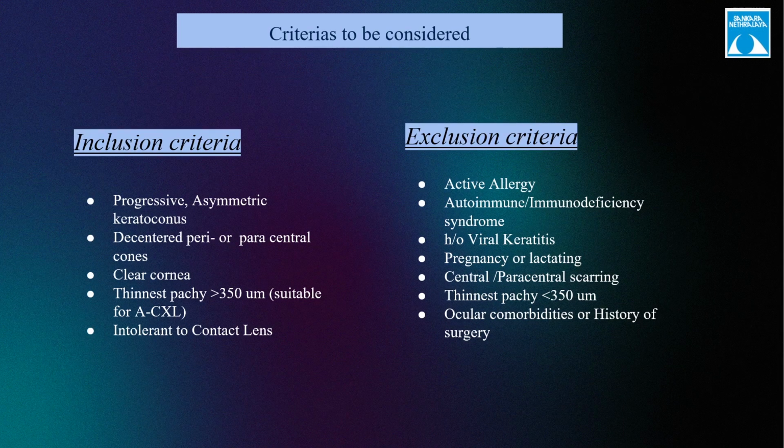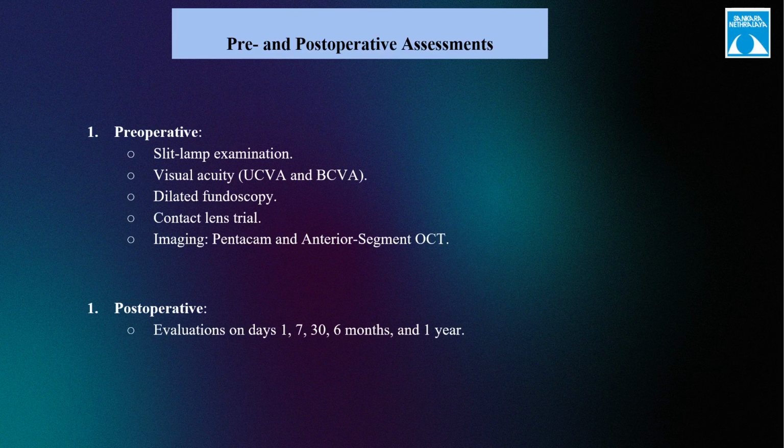What are the exclusion criteria? Patients with active allergy, autoimmune or immunodeficiency syndromes, history of viral keratitis, mothers who are pregnant or lactating, central or paracentral scarring in the cornea, thinnest pachymetry of less than 350, and ocular comorbidities or history of ocular surgery. What were the preoperative and postoperative assessments for these patients?